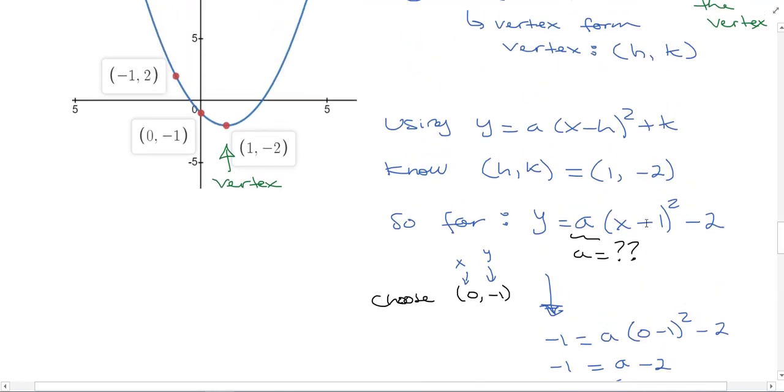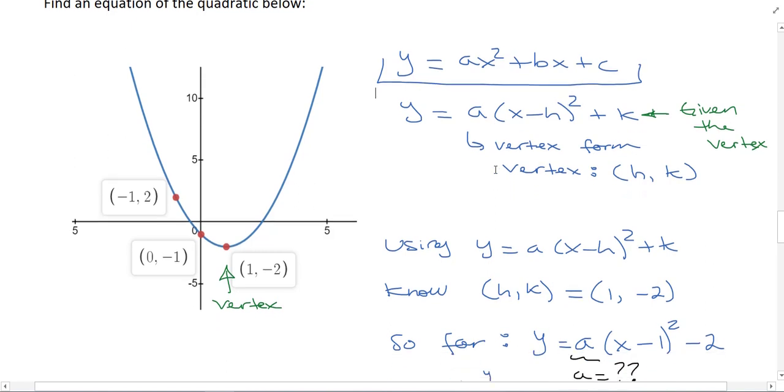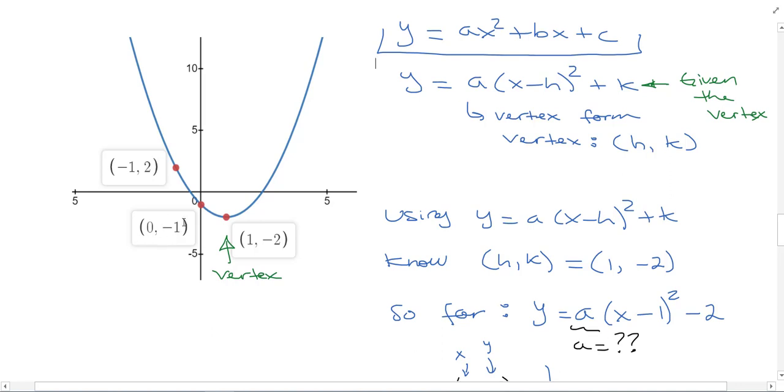Now what if you didn't have the vertex? We can use the equation of a quadratic in standard form to find it. So notice that I still have the y-intercept, so I know the y-intercept is 0, negative 1, so I can use that to tell that the value of c is negative 1.